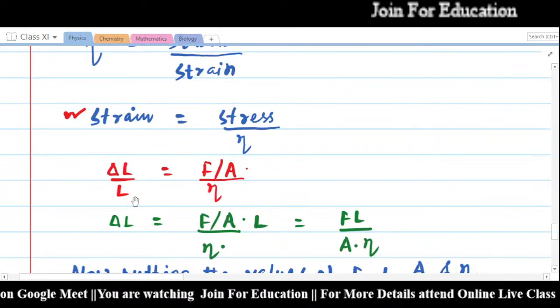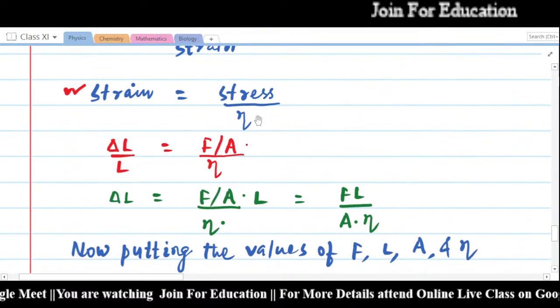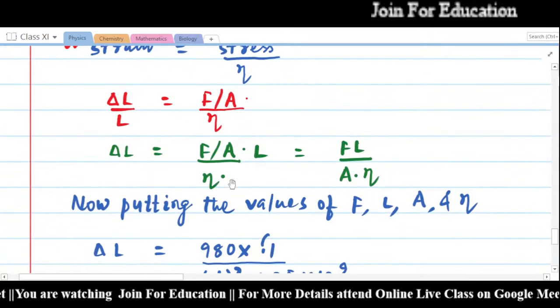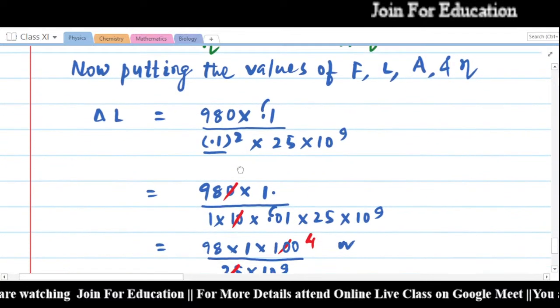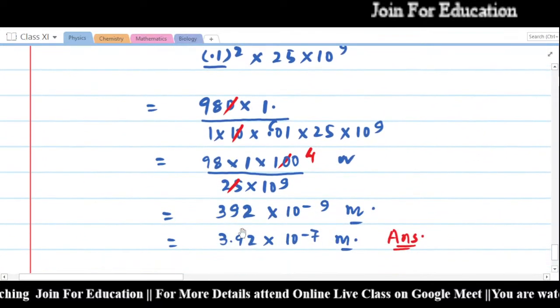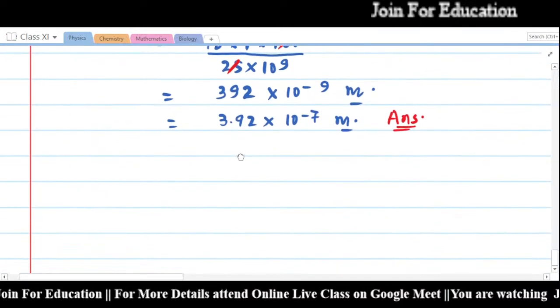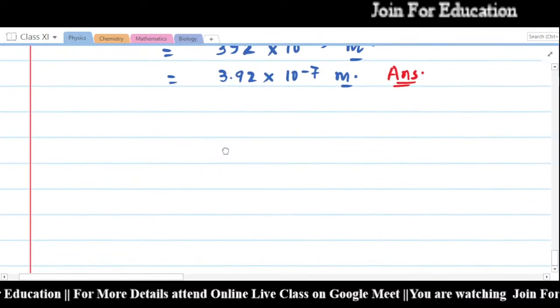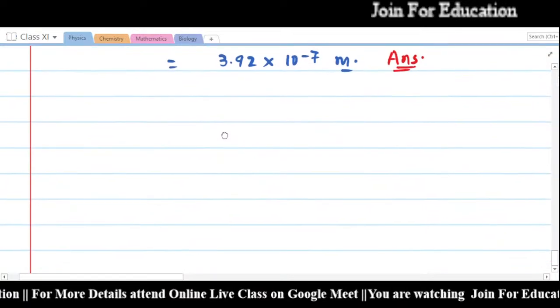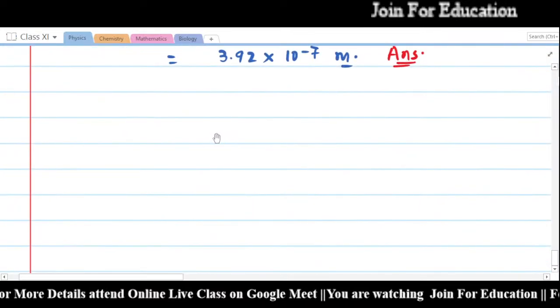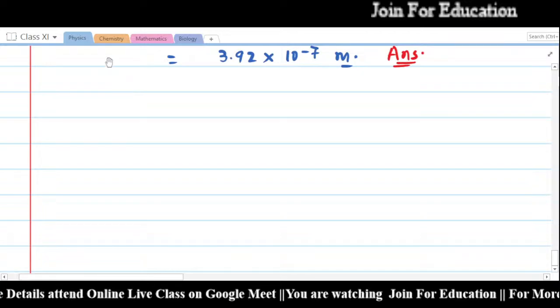Now we put the numerical values of the stress, and after the simple calculation we get this. So there is no problem to understand the solution of question number 8.6.